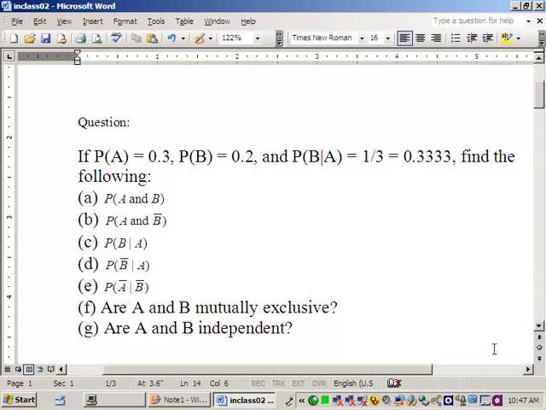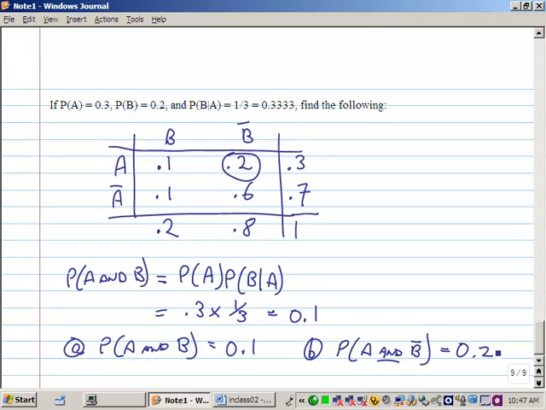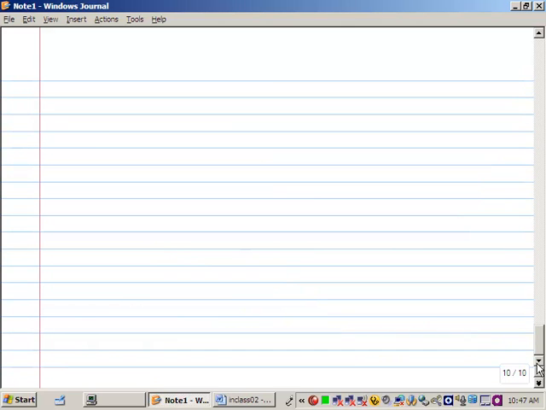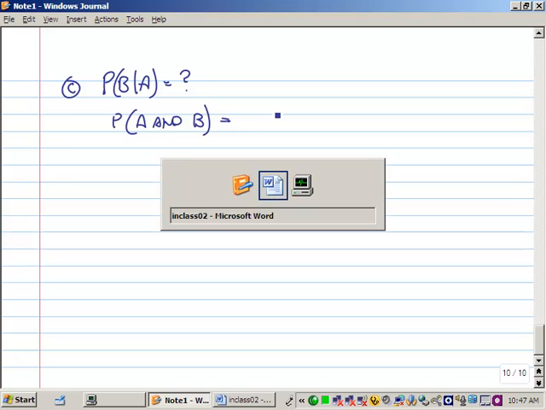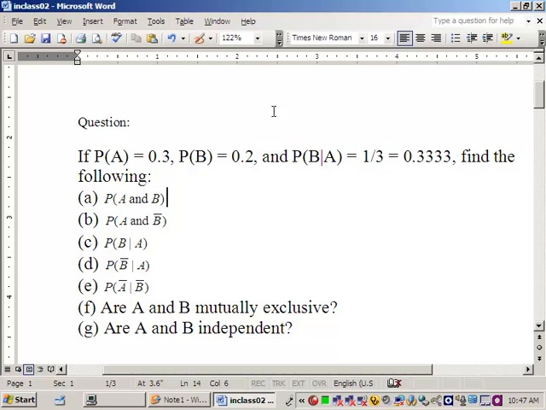All right, C, probability of B given A. Okay, well, let's write out a version of the multiplication rule that involves that condition. All right, just to make sure we've got the right thing.